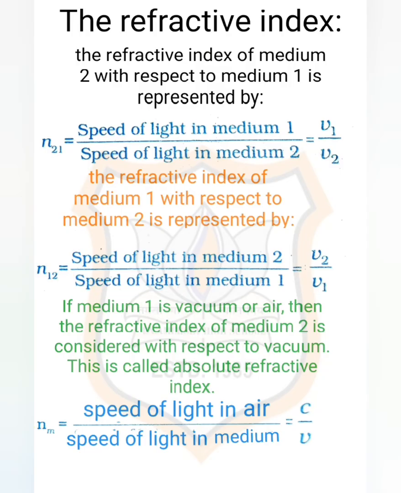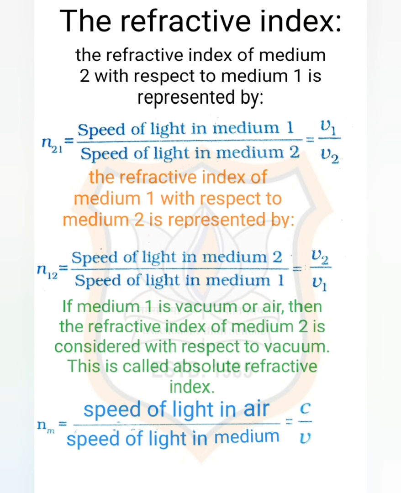Consider a ray of light traveling from medium 1 into medium 2. Let V1 be the speed of light in medium 1 and V2 be the speed of light in medium 2. Therefore, the refractive index of medium 2 with respect to medium 1 is given by the ratio of the speed of light in medium 1 and the speed of light in medium 2. This is usually represented by the symbol n21 as shown in our first formula.